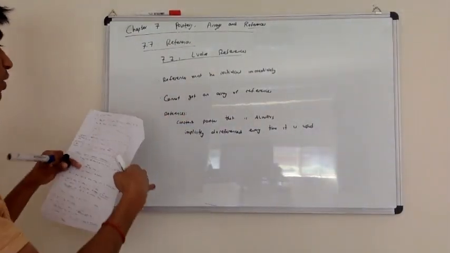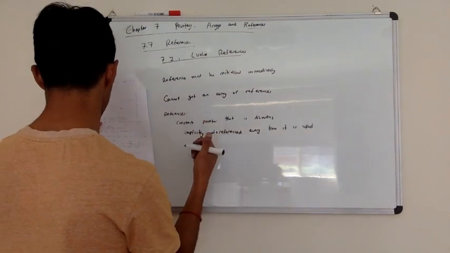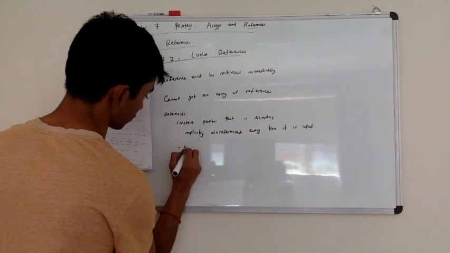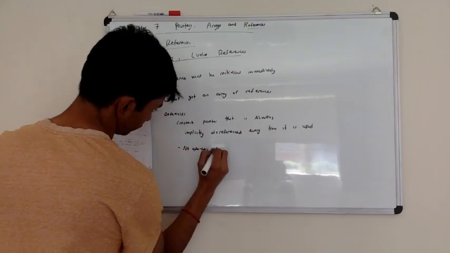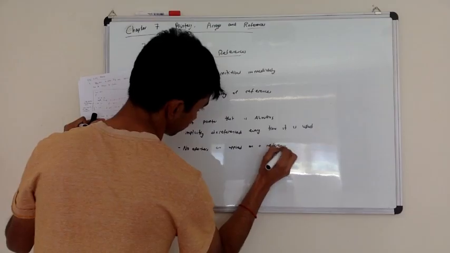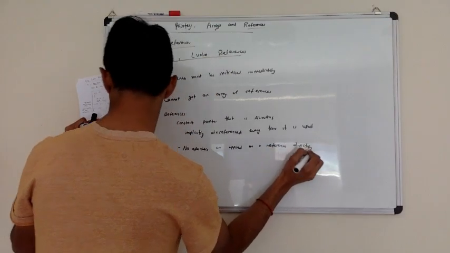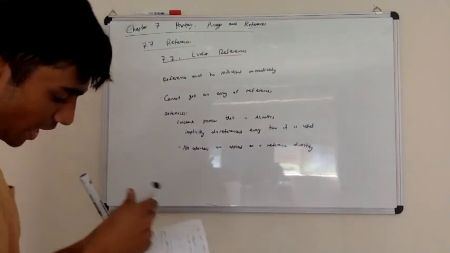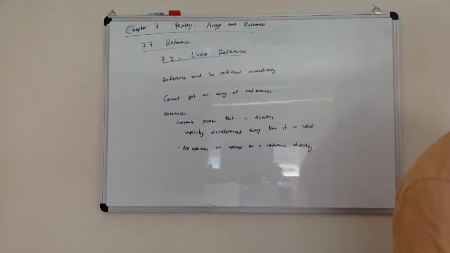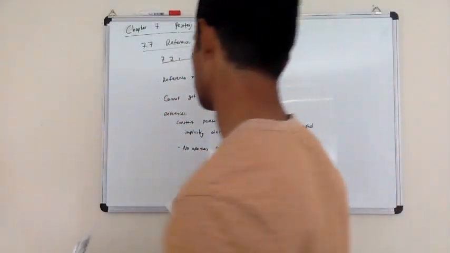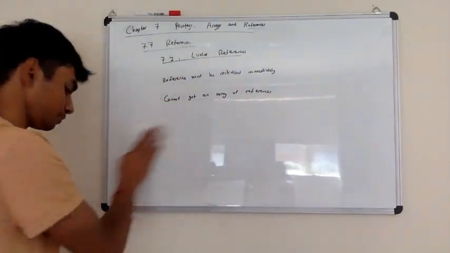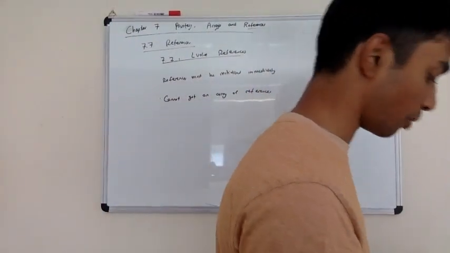It's always dereferenced, so we always are talking about the object it refers to. And no operators are applied on a reference directly. So a reference is not an object, and it cannot be manipulated the way pointers can be. Right? It's very easy to forget that references are not objects because we treat them as objects a lot because they are implicitly dereferenced. But they are not objects. That's important to remember. They're not the object that they refer to.